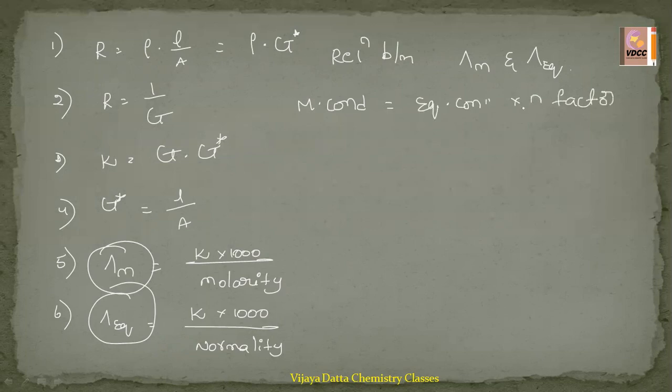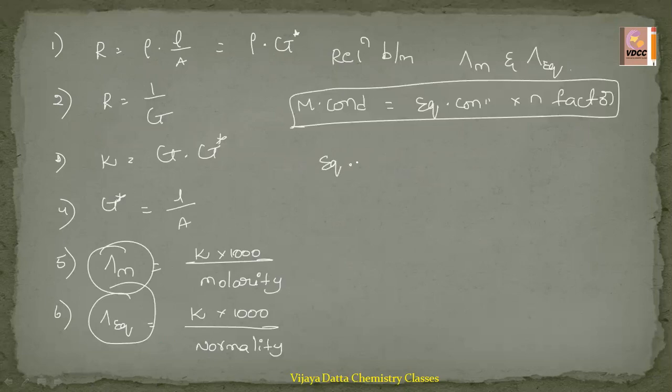This is an important shortcut formula to calculate the problems. What is meant by n factor? Already we know the molarity and normality difference. That is, equivalent weight equals molecular weight by small n. This one we study in the mole concept. Already I have done videos on mole concept, you can see in my description box. I'll even share the link of that mole concept in my description box.